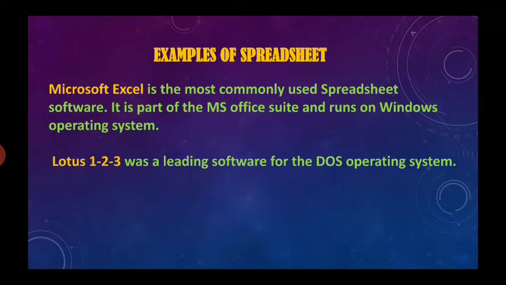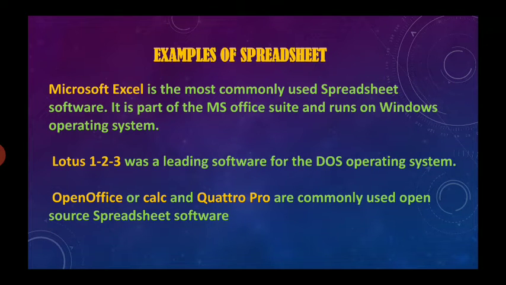Lotus 123, nowadays we don't use it, is a very old one. Lotus 123 is also an example of spreadsheet software for the DOS operating system. Nowadays we don't use this. Lotus 123 has already become obsolete software.